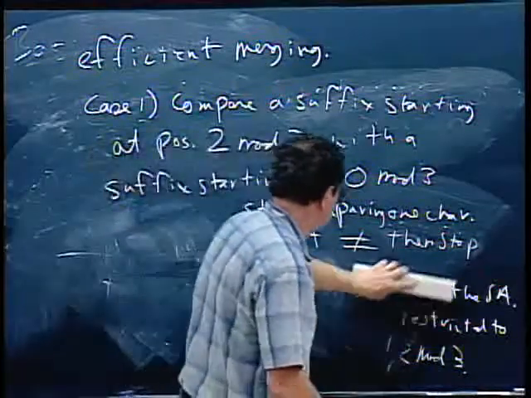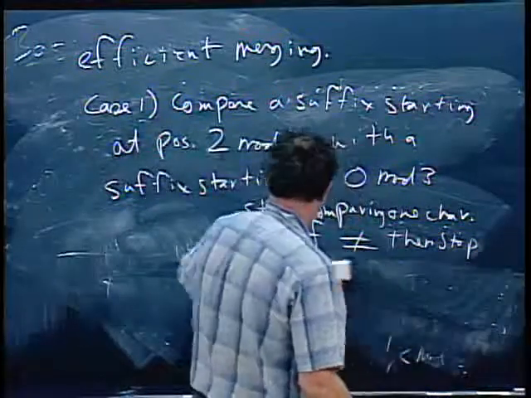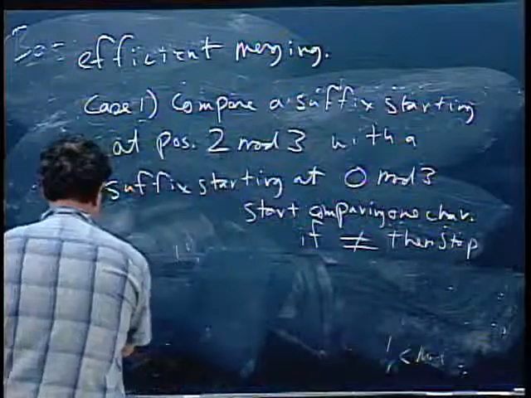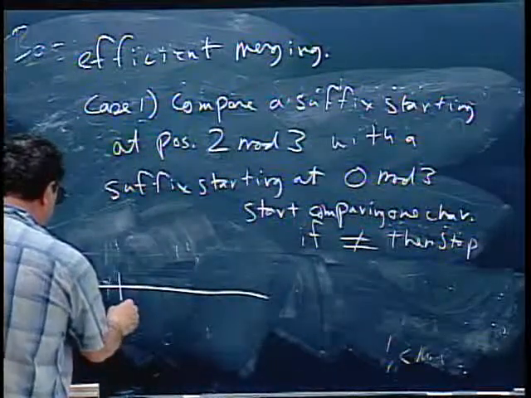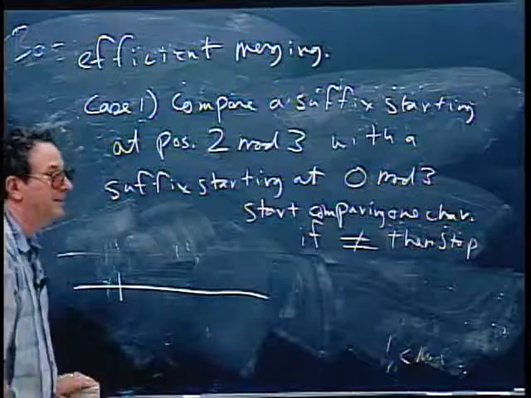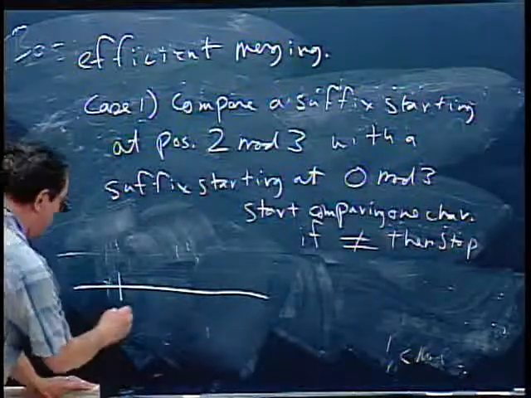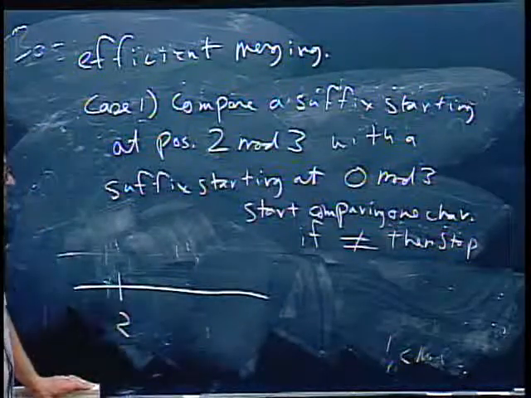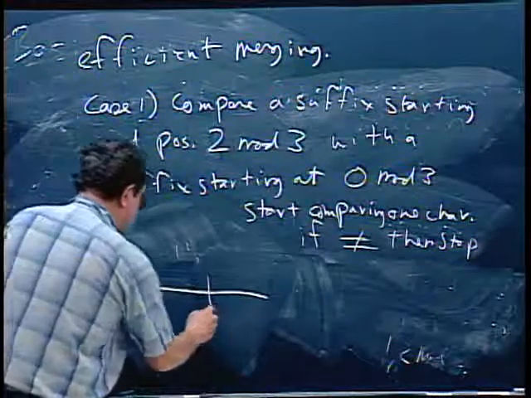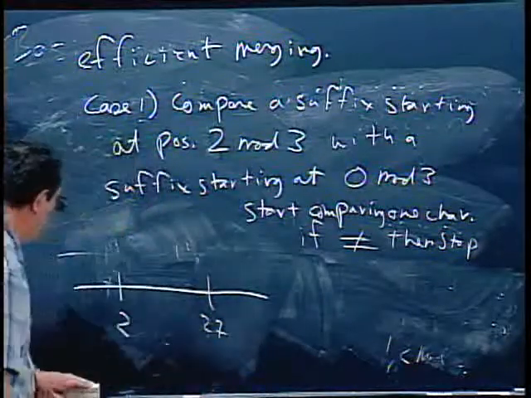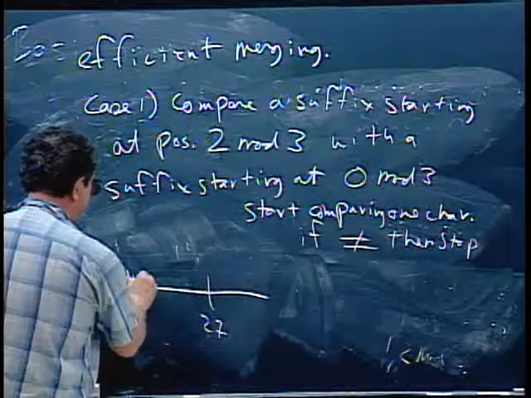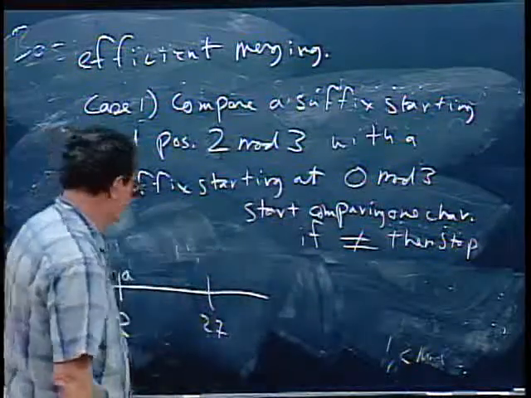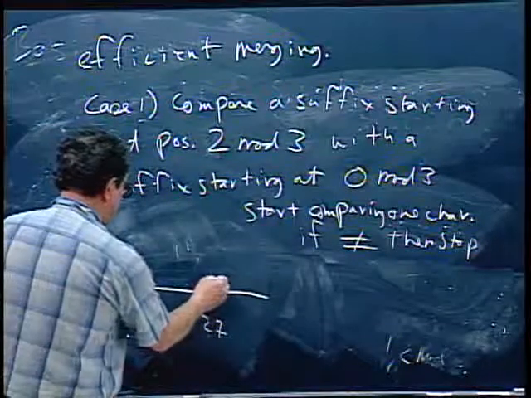So again, you just start comparing. So 2 mod 3, like 2, that's the easiest, and the other one is 0 mod 3, so that's still 27, say. Again, you start out by comparing the first two characters. And if they're different, you're done. You know exactly what to do.